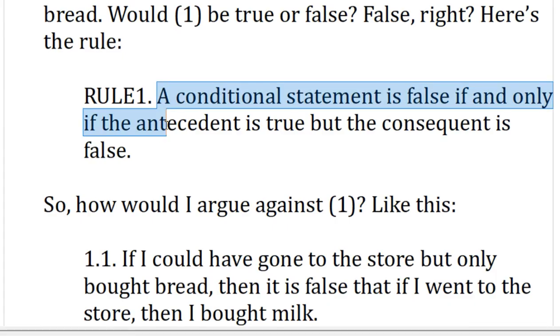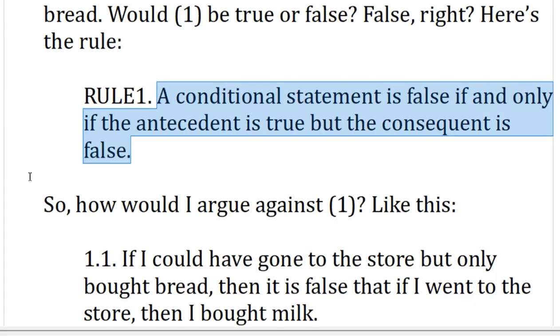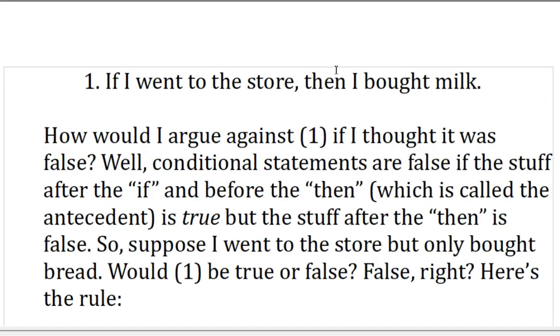So just remember, a conditional statement is false if and only if the antecedent, which is a fancy word for everything in between the if and the then, is true, but the consequent, and that's a fancy word for everything after the then, is false. So let's say I wanted to argue against number one.